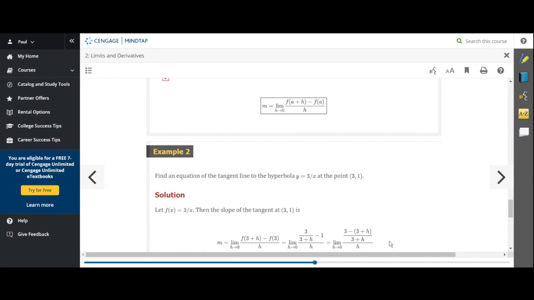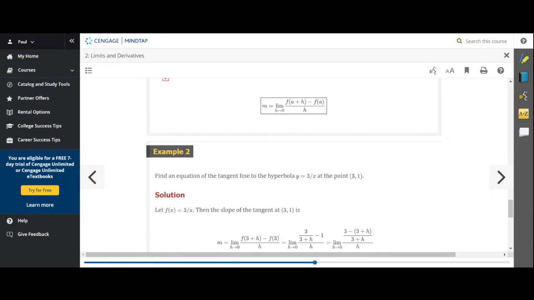Are there any questions on what I have on the screen at the bottom there, m equals the limit as h approaches 0 of f of 3 plus h minus f of 3 over h? Are we okay with what they're showing? I'll just comment here, going from the numerator, they have 3 over 3 plus h minus 1. What they're doing is writing 1 as 3 plus h over 3 plus h.